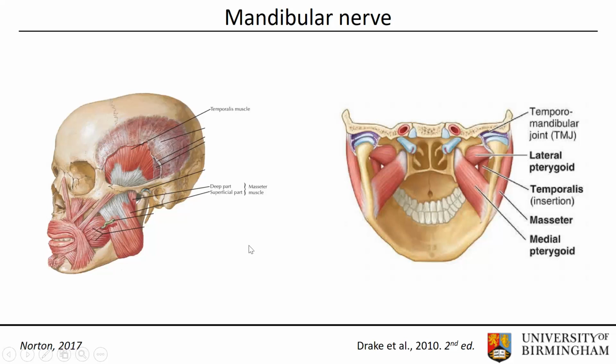In this picture is a posterior view where we can see the medial and the lateral pterygoids. The temporalis is attached to the coronoid process, and the masseter here.